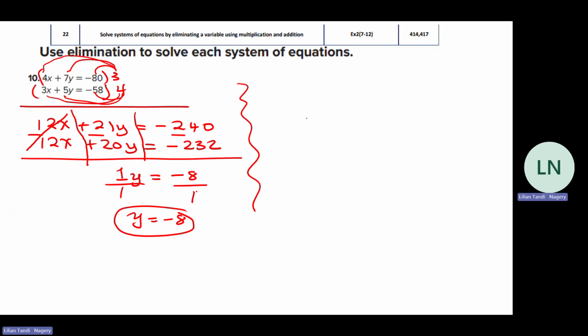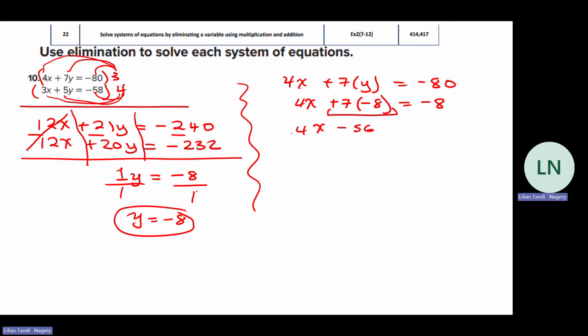Find x. Choose one of the equations. Doesn't matter. 4x plus 7 parentheses y equals negative 80. 4x plus 7 parentheses negative 8 equals negative 80. This should give me negative 56. 4x. Okay, then we will add 56 on both sides.